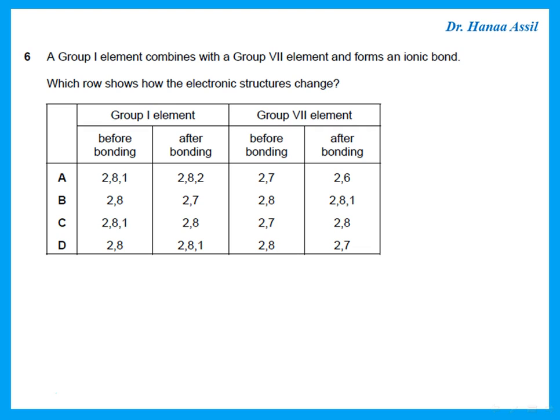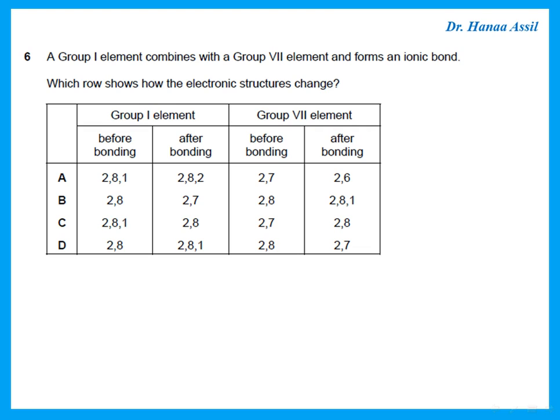A group 1 element combines with a group 7 element and forms an ionic bond. Which row has the electronic structures that are forming? Well, group 1 means I have to start with something that has 1 electron in its outermost shell.